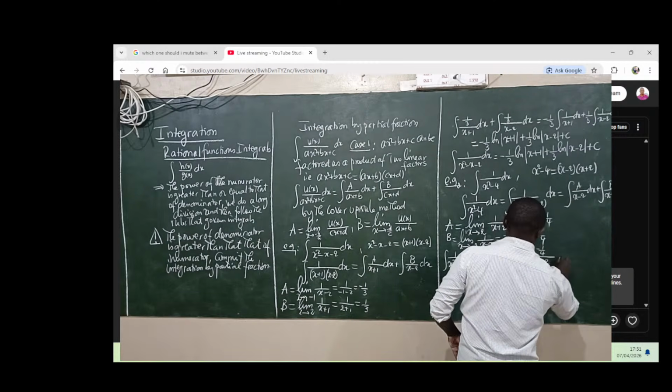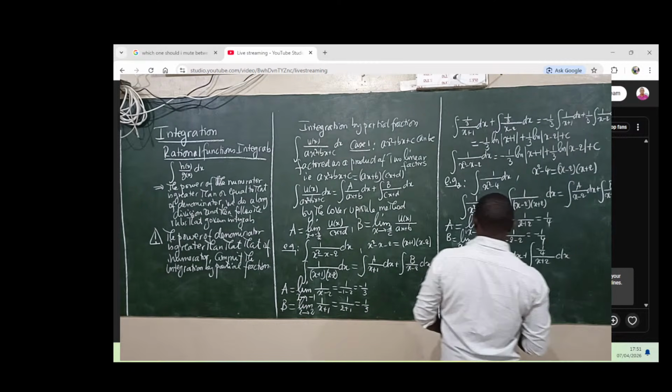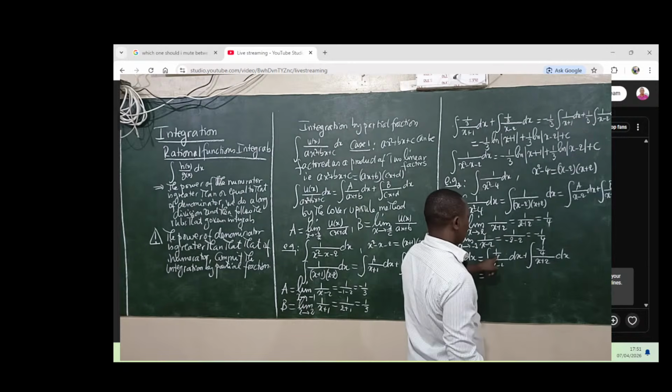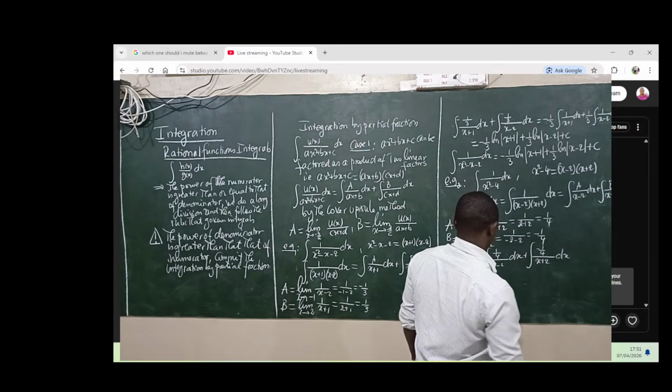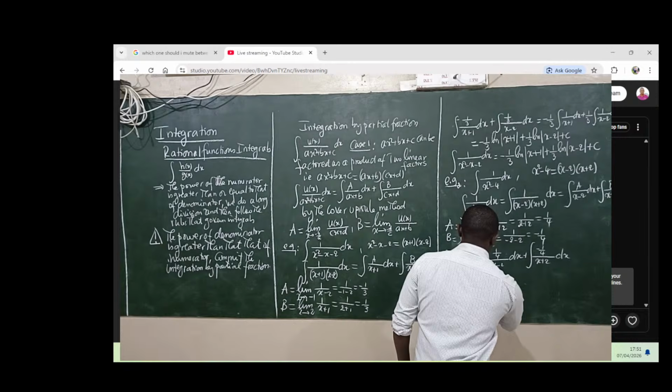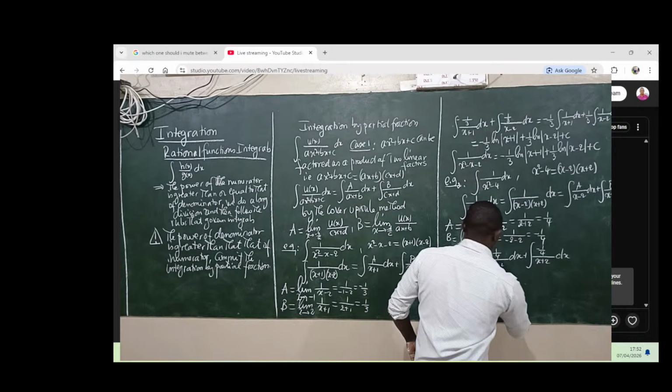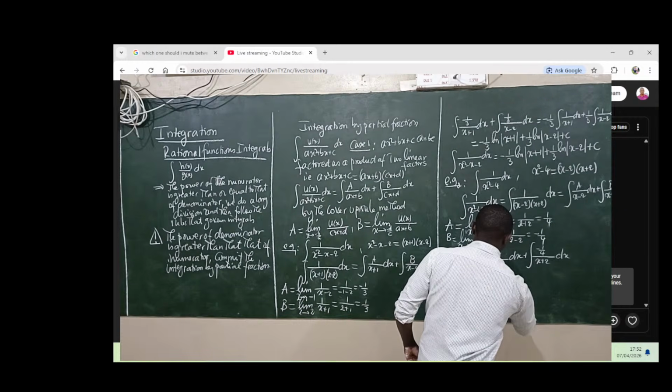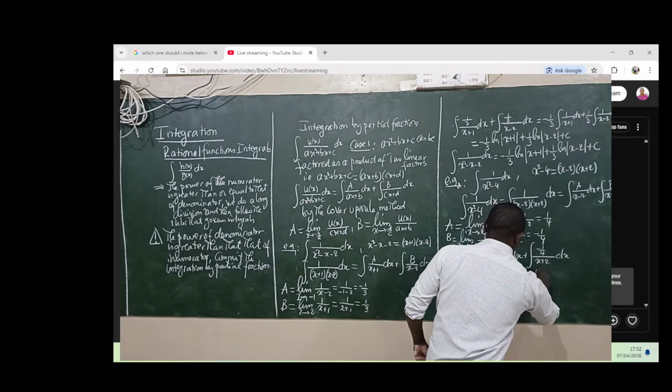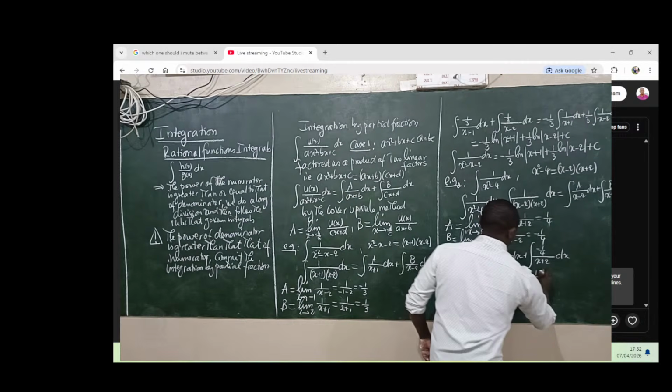So we need to take the constants out of the integral sign: 1 over 4 times the integral of 1 by x minus 2 dx minus 1 over 4 times the integral of 1 over x plus 2 dx.